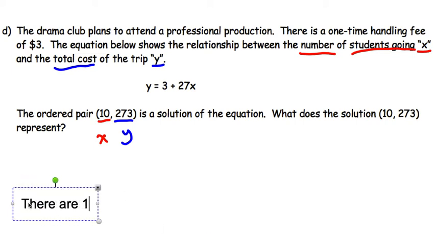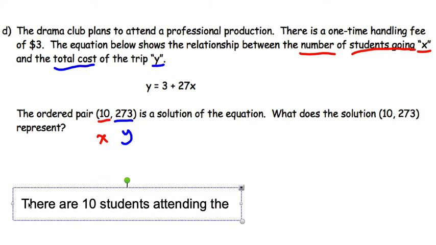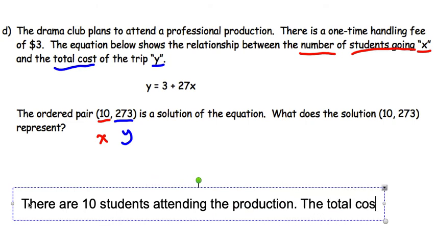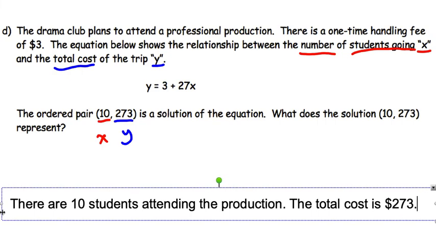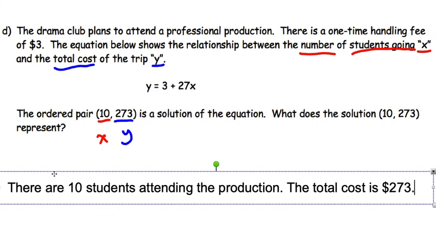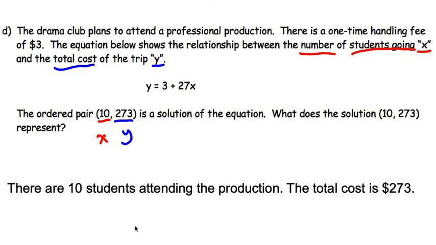There are 10 students attending the production. The total cost is $273. You can fit that all on one line. All right, there we go. There's your final answer.